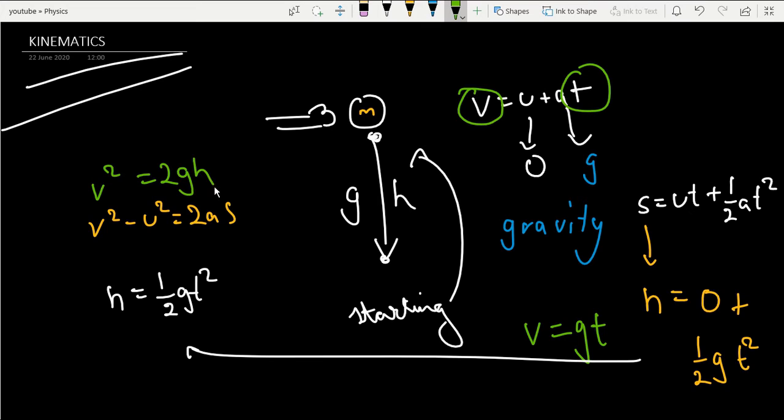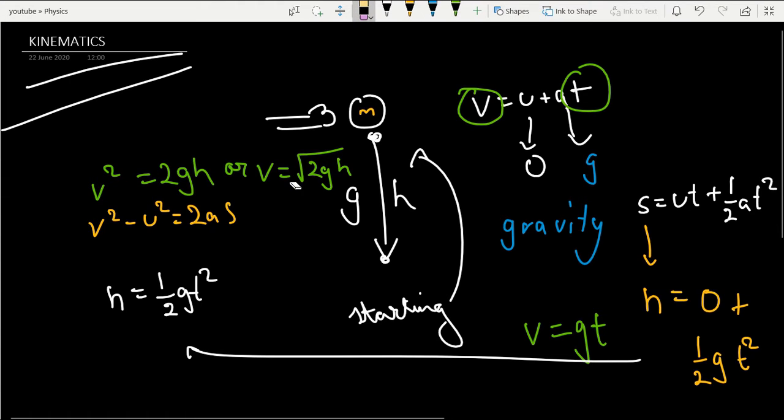So v square is equal to 2gh, or v is equal to root 2gh, because if we take root on both sides, it will become this. So we got all the three equations of kinematics if the body is freely falling.